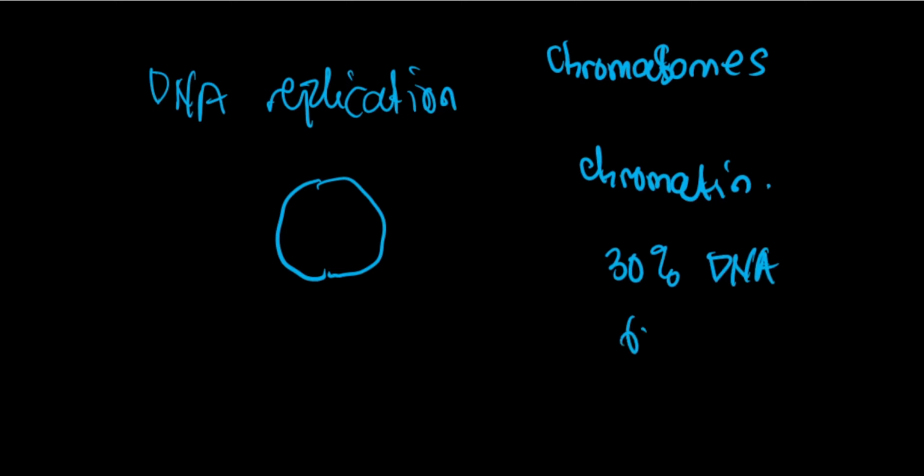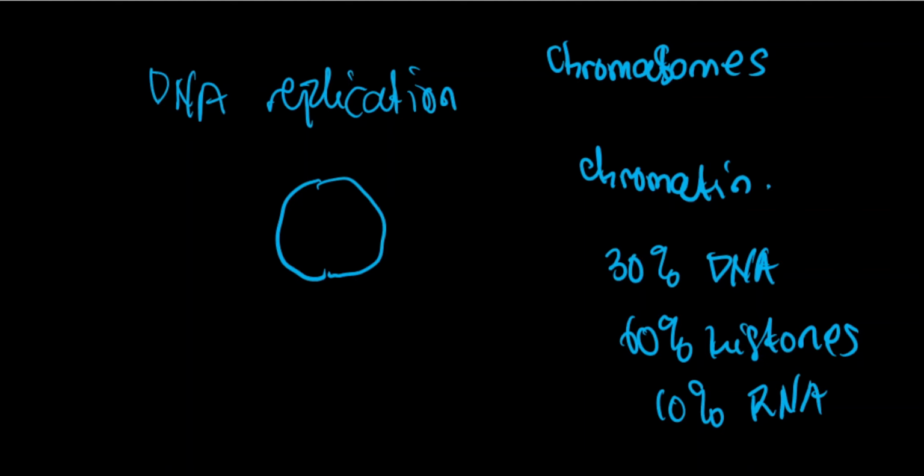It has about 60% histone proteins and about 10% RNA. During mitosis, you have the chromatins condensing into chromosomes. However, when the cell is within the interphase, just carrying out its normal life activities, of course, we have chromatins. Now, the basic unit, or the fundamental unit of the chromatin, is what we call the nucleosome.